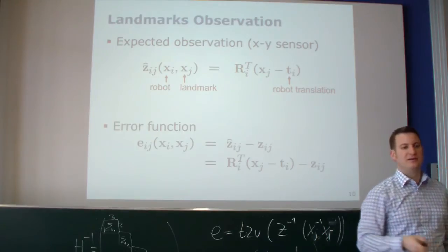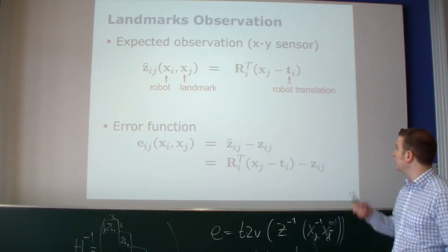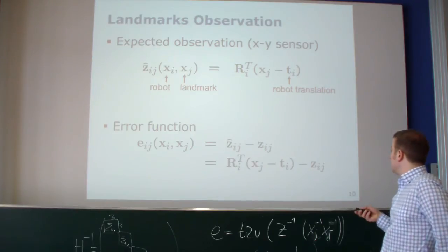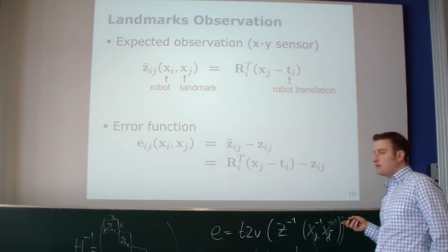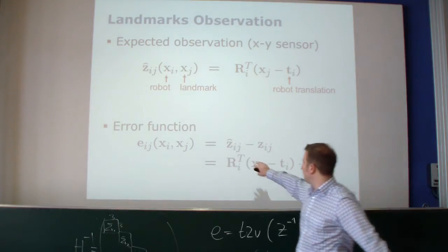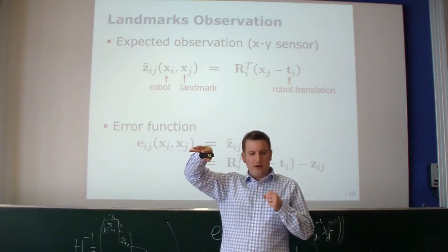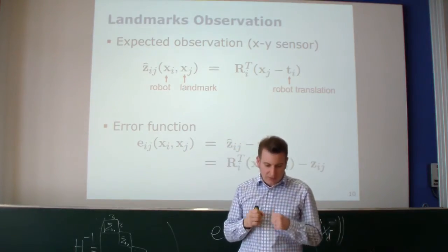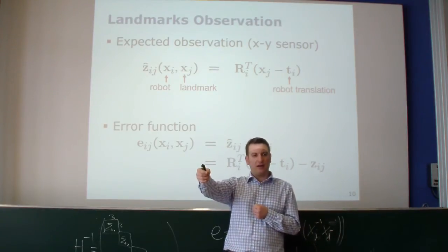Yes, please. Is this error function in the robot's coordinate frame then? The error function is really just the difference between the observations. The expected observation estimates where, if the robot would sit in the node xj, it would see xi.